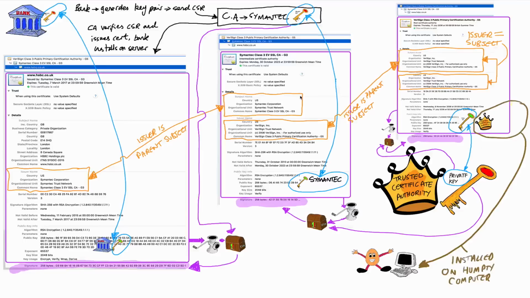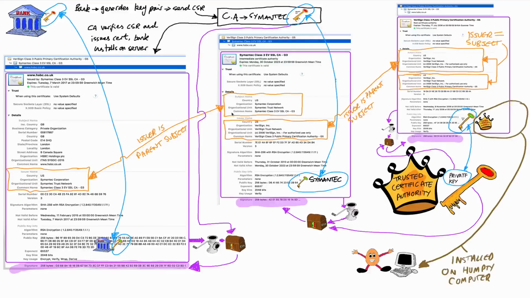Symantec Class 3 EV SSL G3, that certificate authority is represented by this SSL certificate, right? What I'm saying is that the issuer of our HSBC certificate corresponds to the subject of its parent certificate.